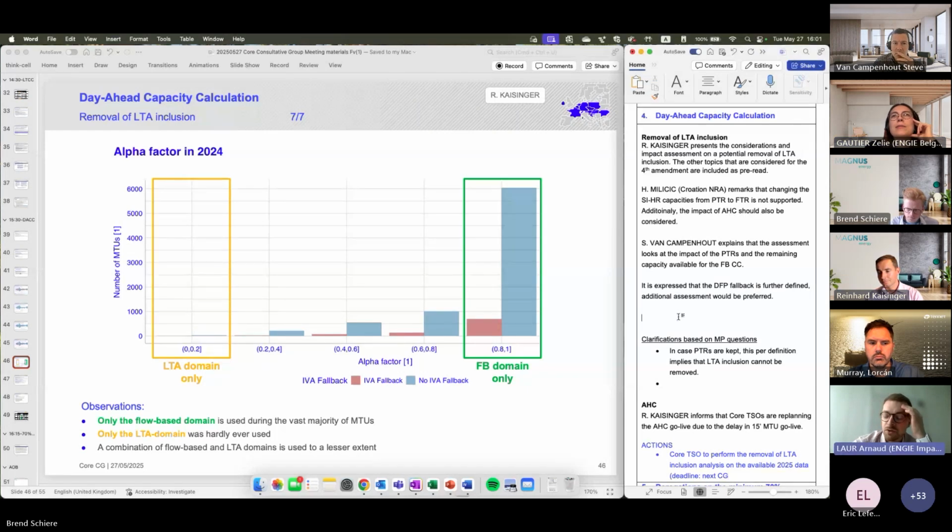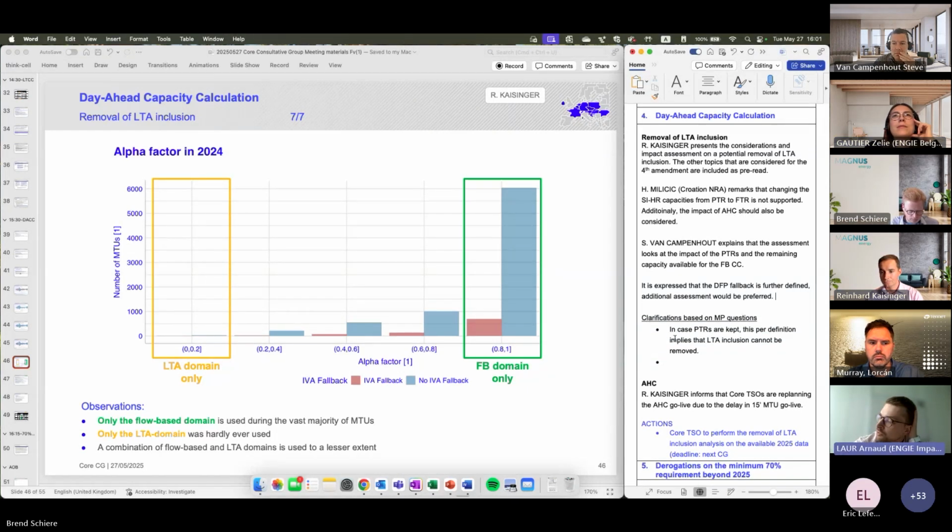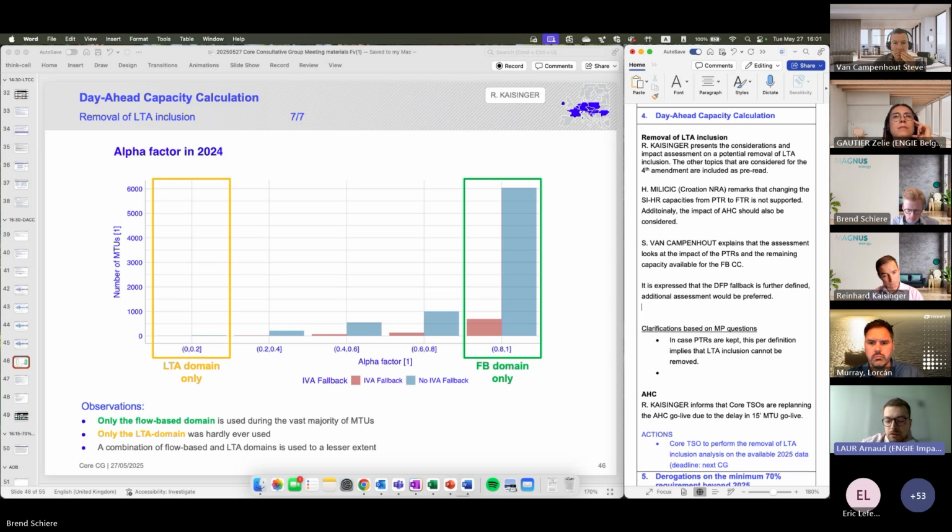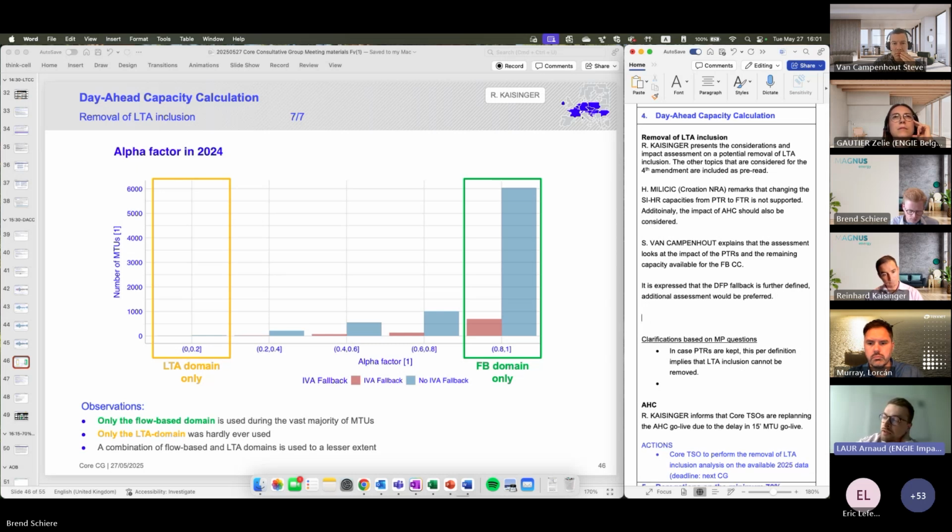Yes, thanks. So Arnaud from NG again. Just also to complement what Eric said. I think the bucketing that you're using here might be somewhat misleading, especially on the flow-based domain only section. Mathematically, as soon as you have the alpha factor strictly below 1, you have the LTA literally helping to increase social welfare and find the optimal clearing point.